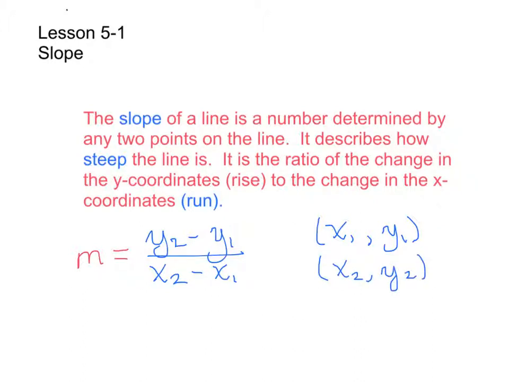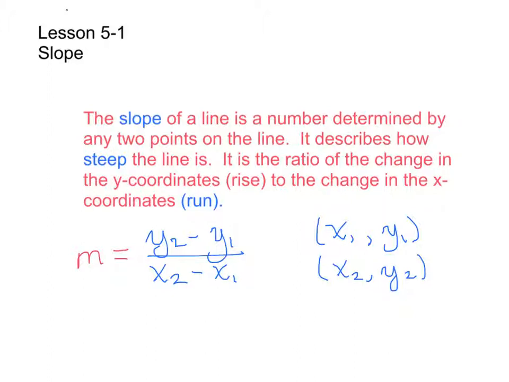If you have any 2 points like that, you call the first set of coordinate pairs x1 and y1, you call the second one x2 and y2, and then subtract and divide the numbers according to that equation.